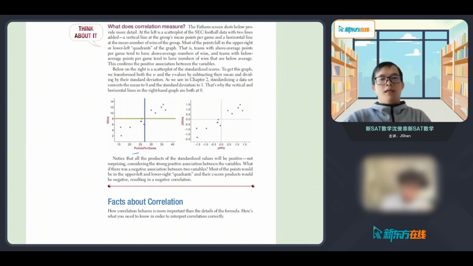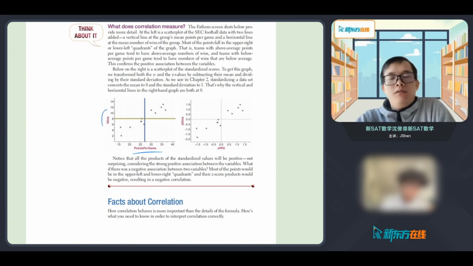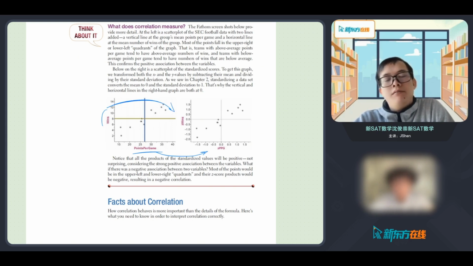We have X values and Y values, and they're both standardized to Z values, right? When you do Z values, if the linear correlation is pretty strong, then you basically have points, or Z values, distributed thus.